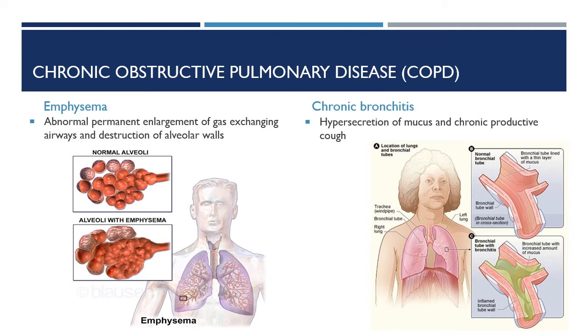It would be rare for someone just to have chronic bronchitis or just emphysema. It's some kind of a combination of both. And often they have chronic shortness of breath, chronic cough, chronic mucus production, and often they are hypoxemic because the alveoli are also destroyed.